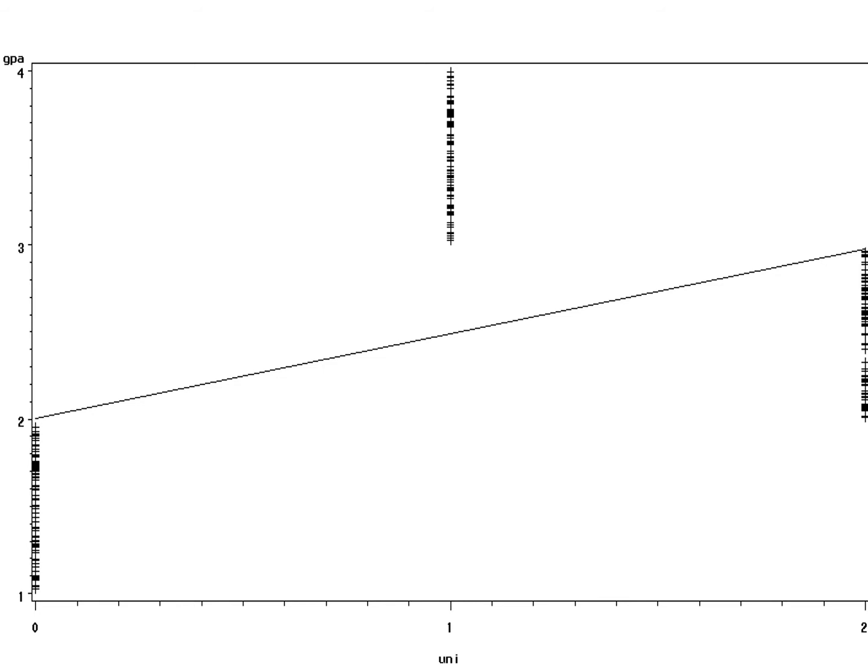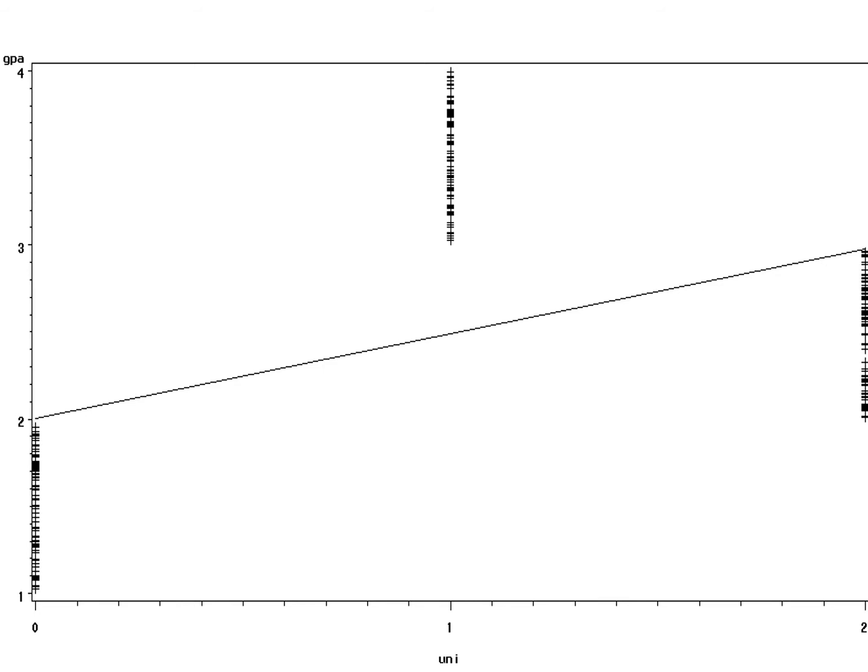It does look like for this particular data set that if we were to swap 1 and 2, maybe for every 1-unit increase as we move from one university to the other, as long as we order the universities from lowest GPA to highest GPA, it goes up by kind of an equal amount. The GPA goes up by about 1, and then goes up by about 1 again.